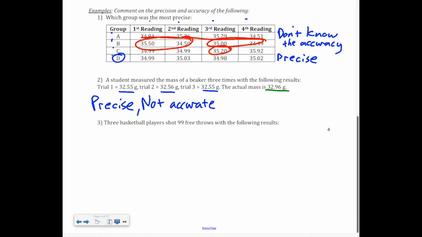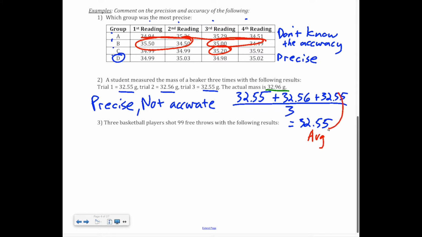So I'll go ahead and write down the average for you. And the average is going to be 32.55. Well, this number, my average, is far away from that one.